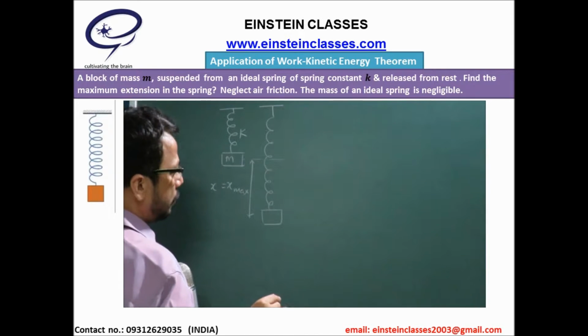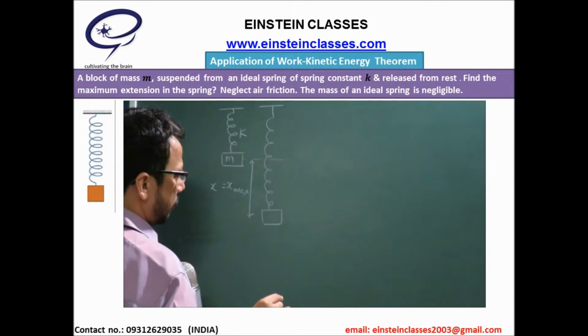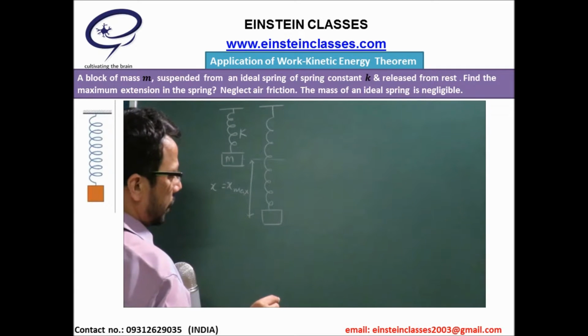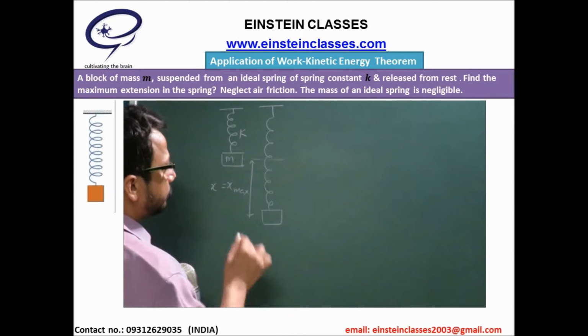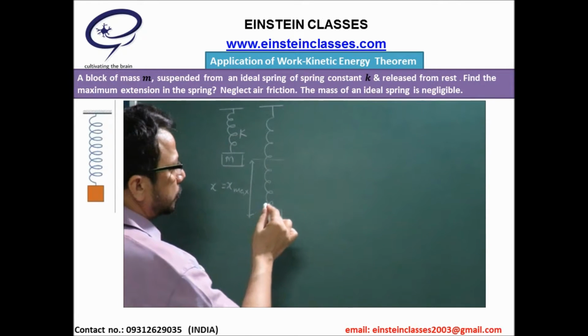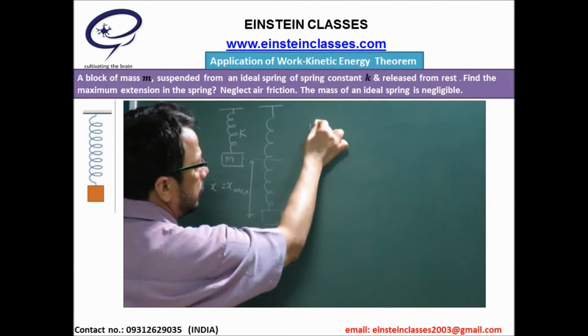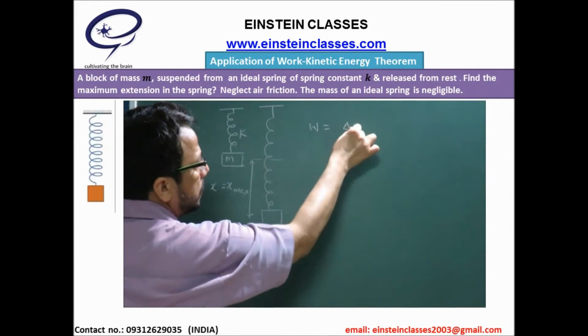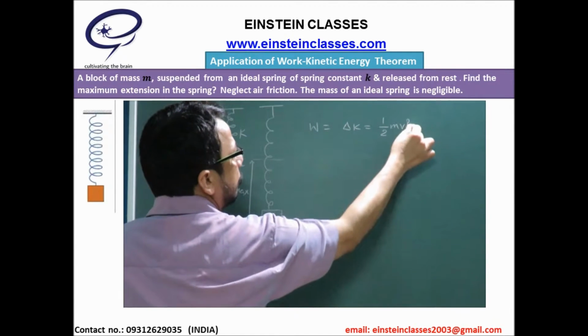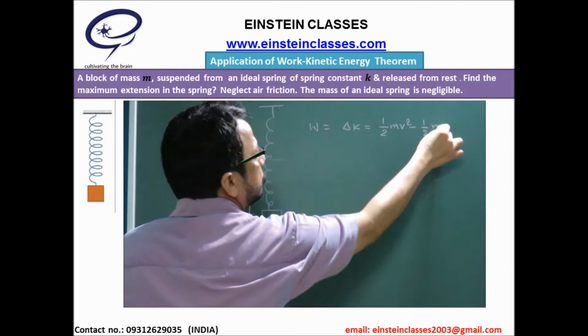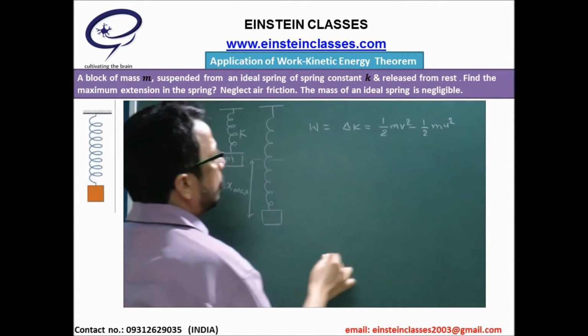For this problem, we are going to apply the work energy theorem, and using it we can find the maximum extension in the spring. According to the work energy theorem, total work done will be equal to the change in kinetic energy, that is half mv square minus half mu square.